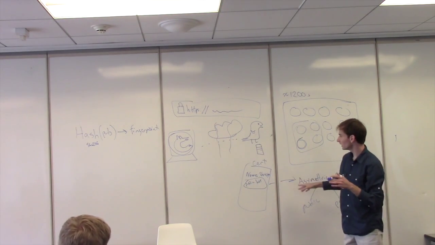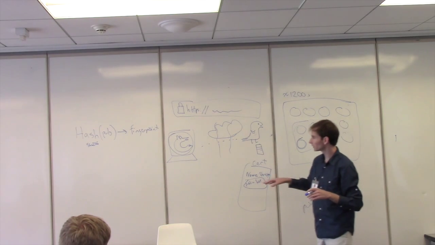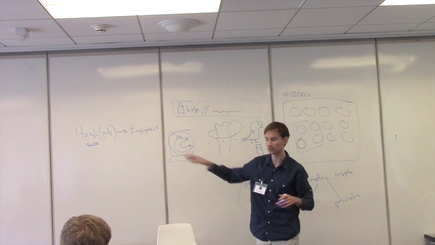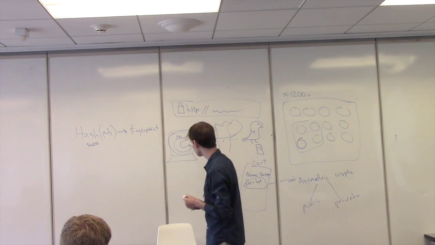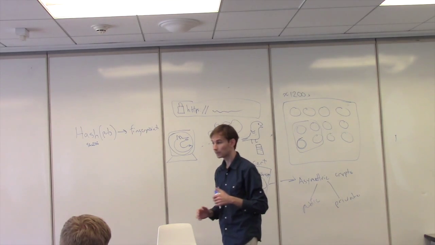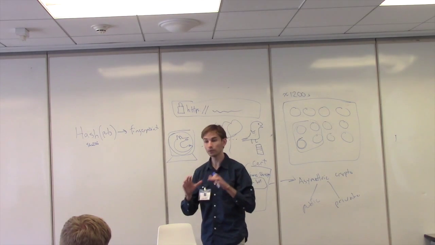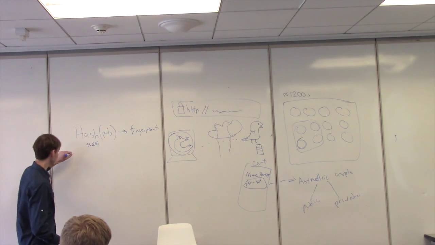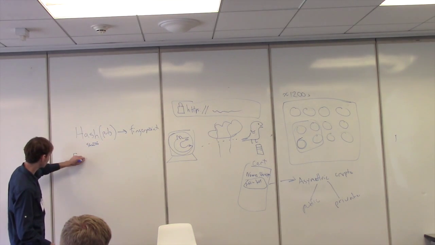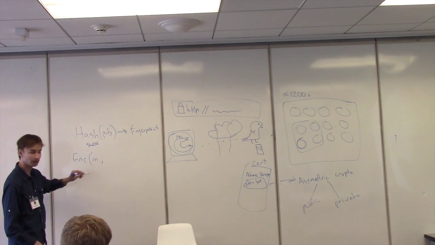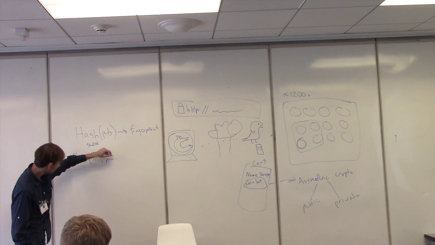What's useful about public-private key cryptography, and why it's useful for secured internet connections and for securing Bitcoin payments, is that if somebody wants to send you a message that they want only you to be able to read, they encrypt it. Let's call the message M, and they encrypt it with your public key.